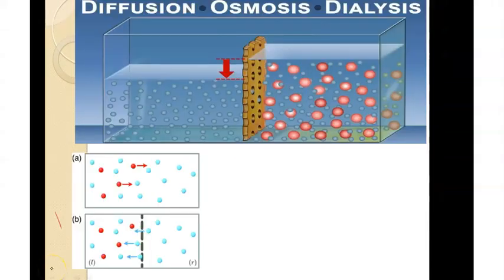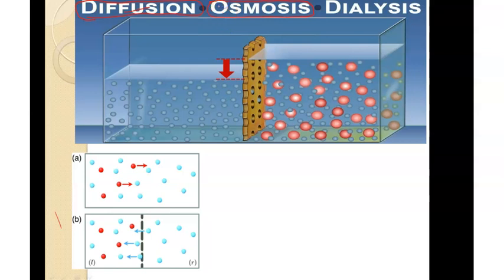Yes, good morning everyone. Today we are going to see the two important functions of a plasma membrane. In the last class we studied about plasma membrane, right? Today we are going to see the two important processes of a plasma membrane.